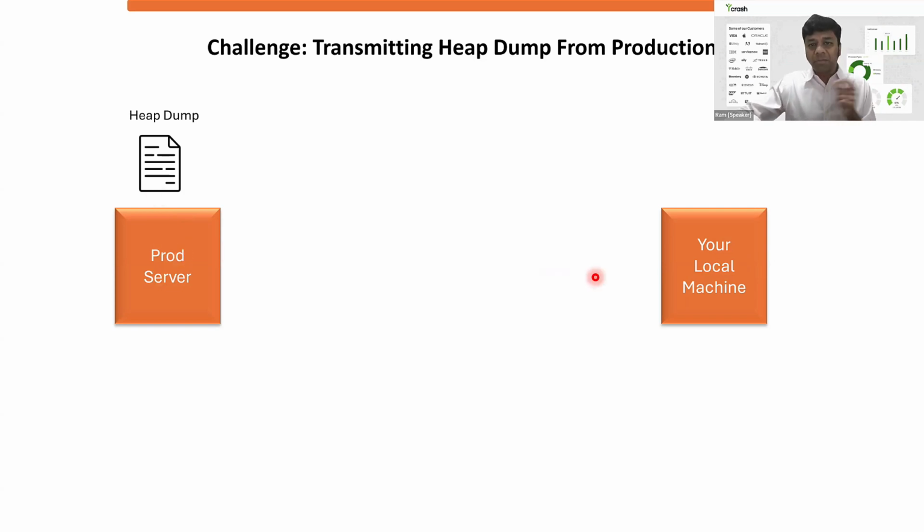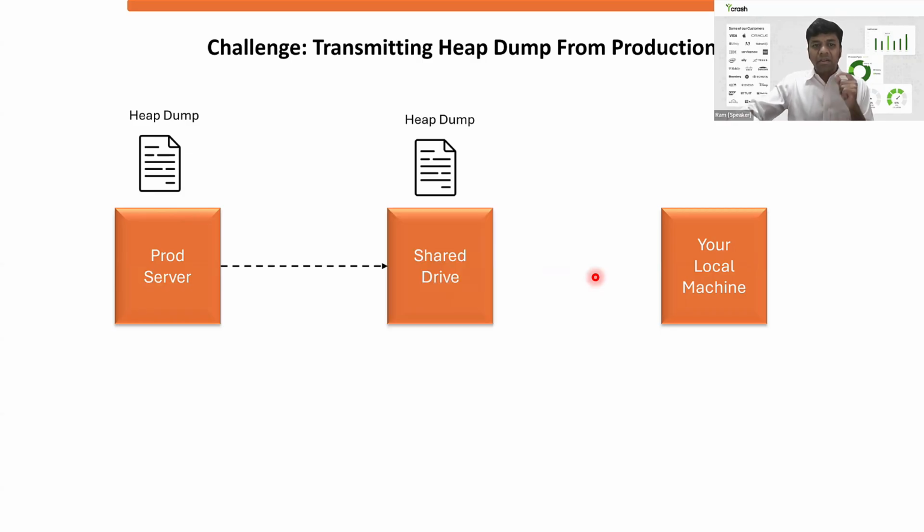So typically, the practice we are seeing across the industry is that your SRE engineer moves this heap dump from your production server and puts it in some shared drive, right? And sometimes if your customer is sending you a heap dump, they are going to put it in some shared drive, right? And then from this shared drive, you are downloading this heap dump to your local machine, and then you are doing the analysis, right?